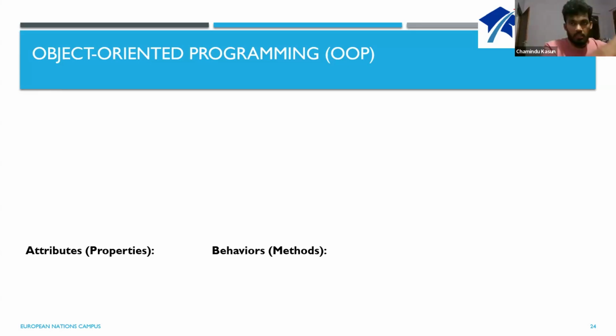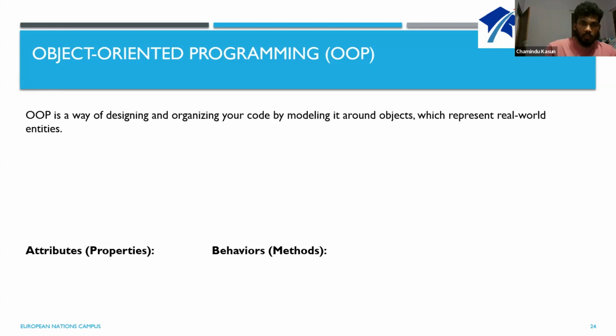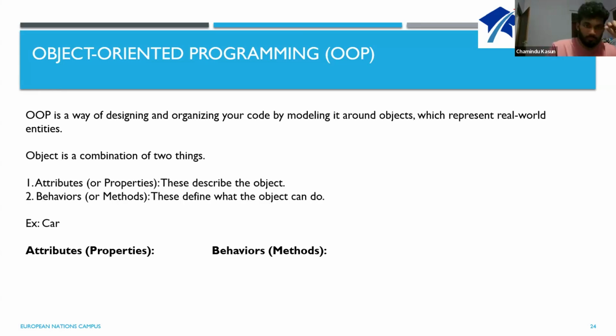OOP is a way of designing and organizing your code by modeling it around objects which represent real world entities, right? An object is a combination of two things, attributes and behaviors. Let's imagine a car. What are its attributes?